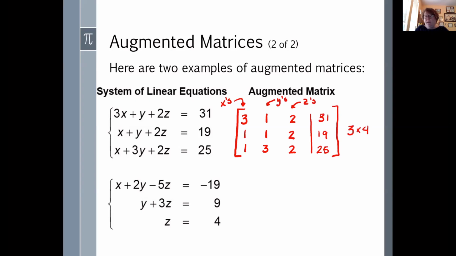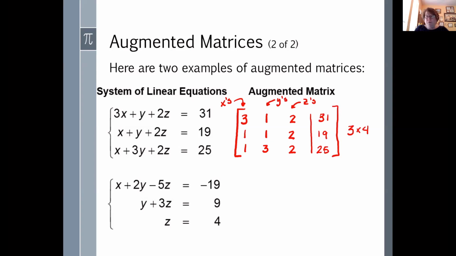Now, I always check, once I've written my augmented matrix down, I check by rows. What do I mean? I'm going to look at that first row and make sure the first three numbers are the coefficients on X, Y, and Z. 3, 1, 2. I'm okay. The fourth element in that first row, I'm going to make sure that's my constant, 31.